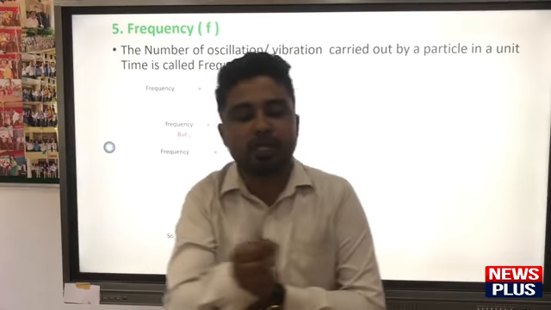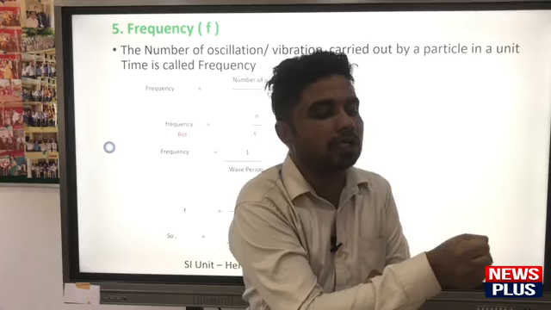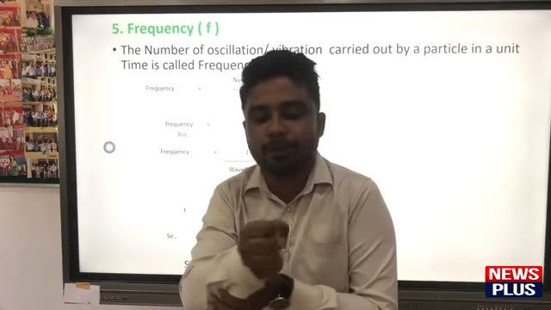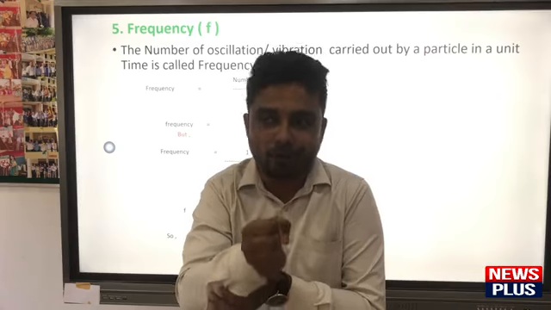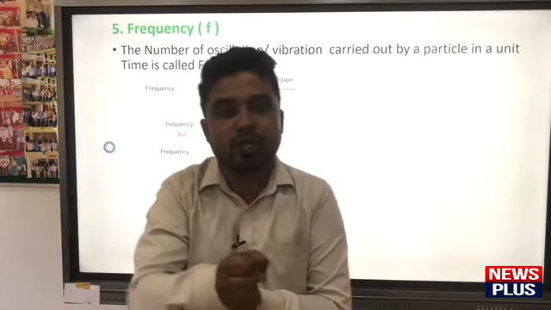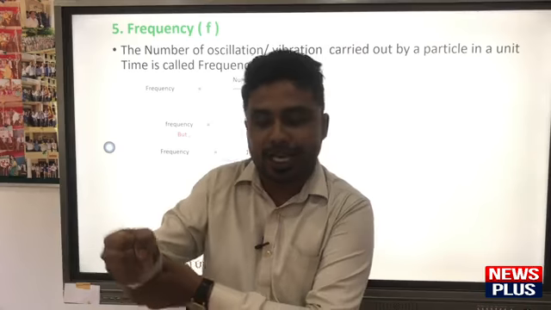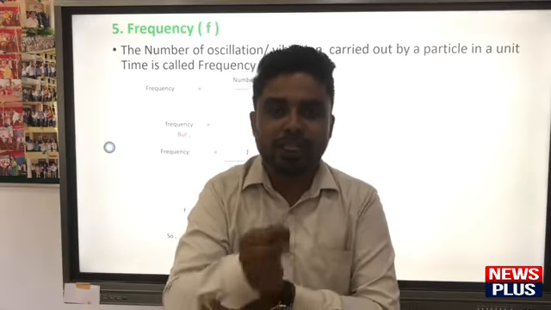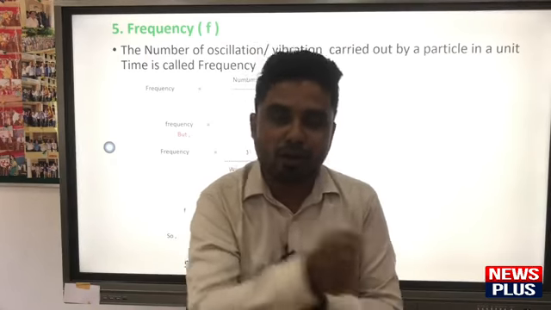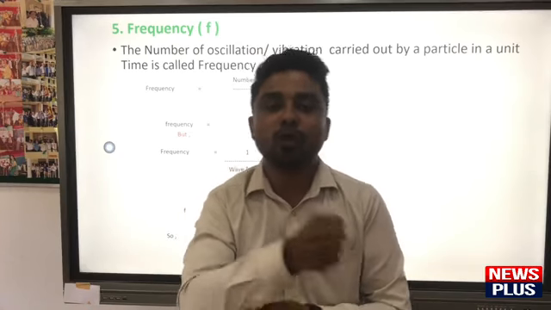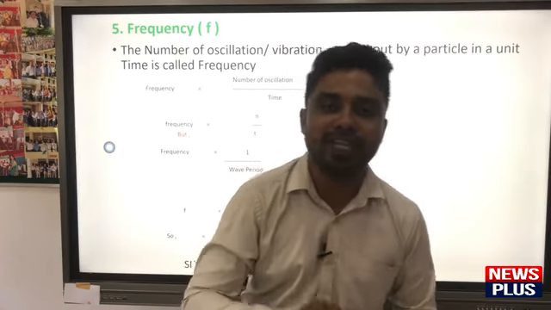If it moves this way, this is a quarter oscillation, then it comes to this point, another quarter, then half oscillation, and it comes to this side again, and that is 3/4 oscillation, then comes to the center point. Now we can say this is one oscillation or one vibration or one movement of the particle when the wave travels.